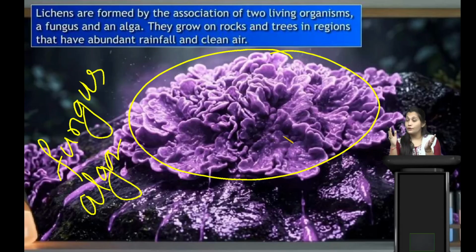These lichens grow on rocks and trees in regions that have higher rainfall and where clean air passes by. In such regions, lichens are formed. Understood? Lichens are formed by the combination of two living organisms, one is alga and the other is fungus.